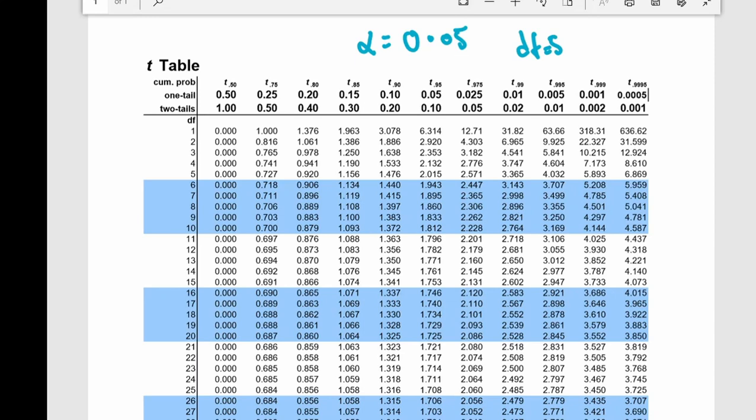This is our degree of freedom 5 and 0.05, one tail. This table will be in the link in the description, so make sure you check it out. All we need to do is trace it here, and under the curve we have 2.015. So that's the answer, 2.015.